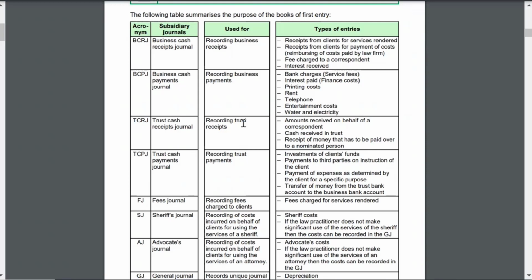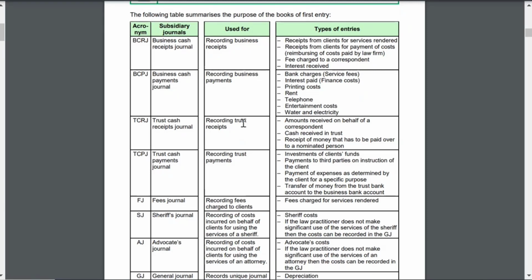Money will come out of the trust, so it will be in your trust cash payment journal as outgoing money. It will go into the business cash receipts journal.